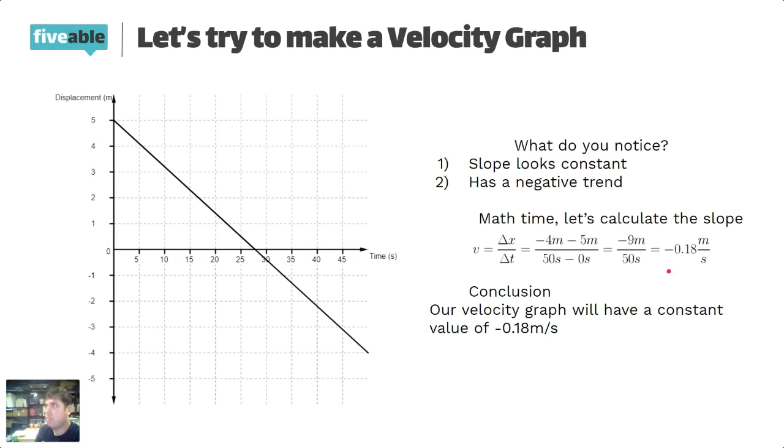Also, this 0.18 seems pretty small, but that kind of makes sense. We took about 50 seconds to walk almost 10 meters, which means we should take about 5 seconds to walk 1 meter, and that 0.18 is pretty close. It's in that ballpark. So this seems to be a reasonable answer, whether or not the math is absolutely correct. It at least fits our conception for what we're going to do on this question.